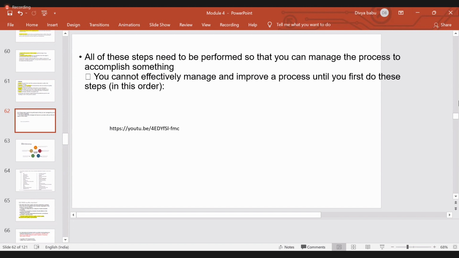Shall I repeat it again? Six Sigma. For one person, it's clear. Clear, ma'am. So don't get confusion.